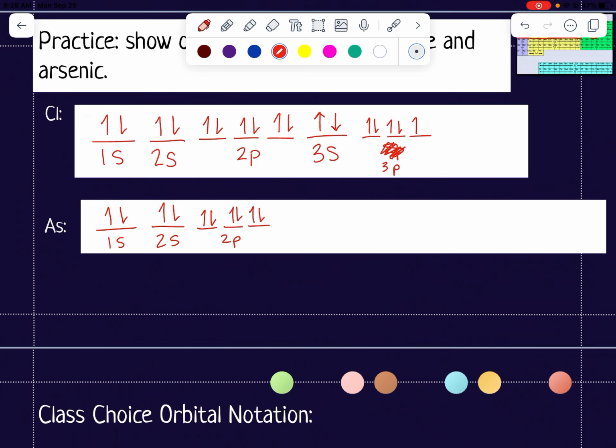Next is 3s. We're going to fill in the 3rd row now, just like we did for chlorine, but we're going to finish it and keep going because arsenic is on the 4th row. So 3s is filled, then we get to 3p. Fill it up, up, up, and down, down, down.